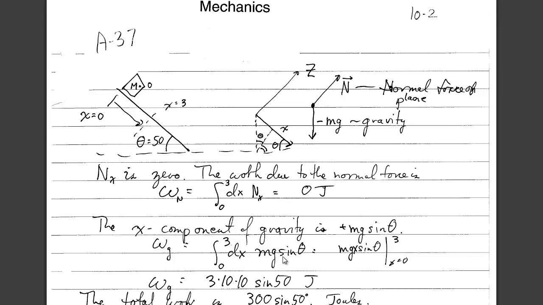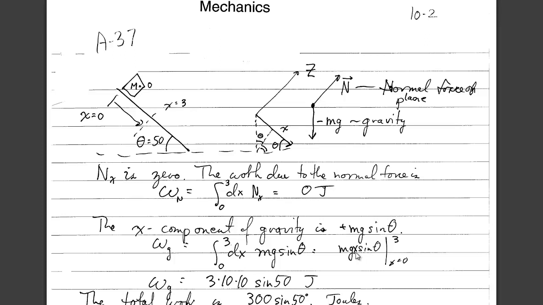m, g, and theta are all constants with respect to x. The angle of the slope does not change as we move along the slide, so theta is a constant, and therefore the x component of gravity, when integrated, is going to be mg sine theta times x. Note that the sine theta stays as theta.